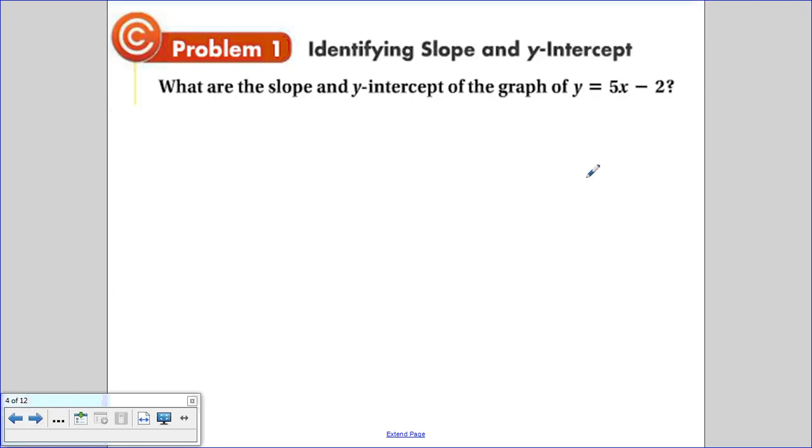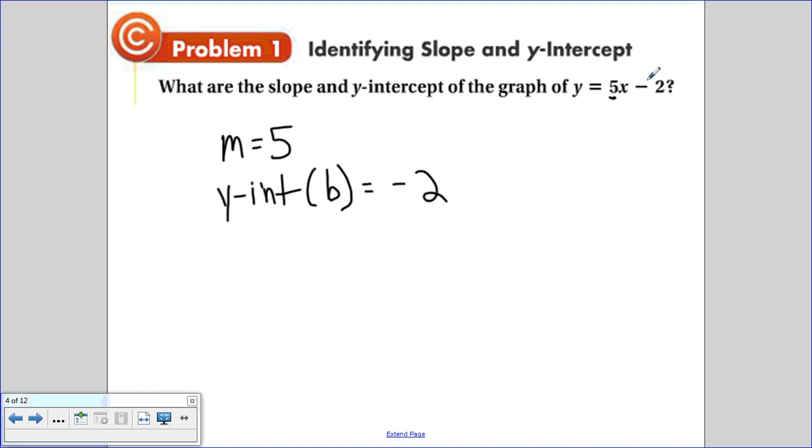So if we had to identify what are the slope and the y-intercepts of that graph, we just remember that whatever number goes with the x is your slope. So m in this case is 5, because that's what goes with your x, and your y-intercept, which is also referred to sometimes as your b, is -2.